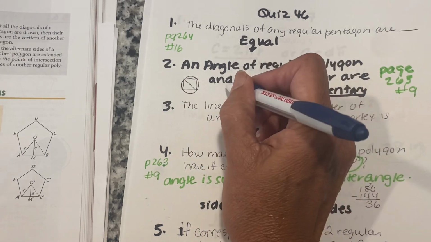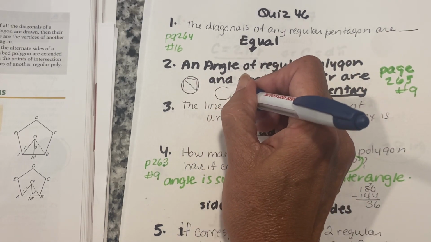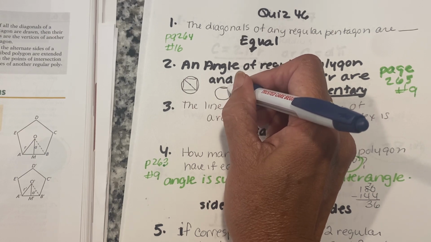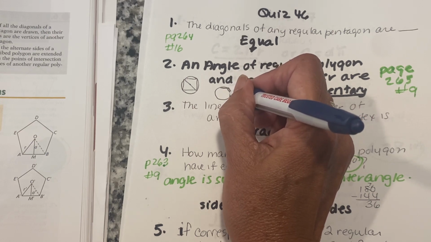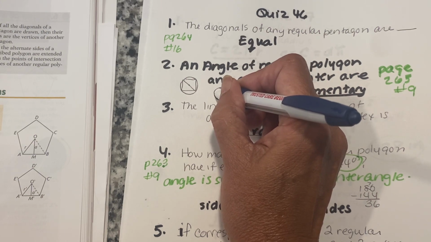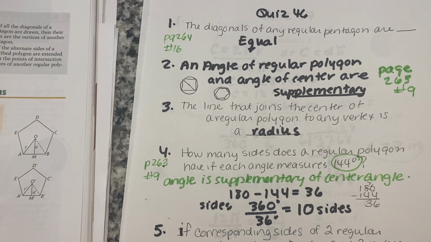So let's do a polygon that has, okay, I'm trying to do one that has 6 sides. Okay, there you go. There's one.